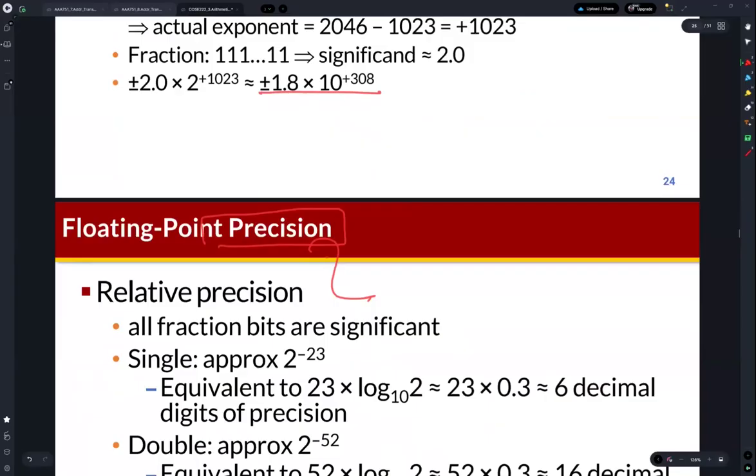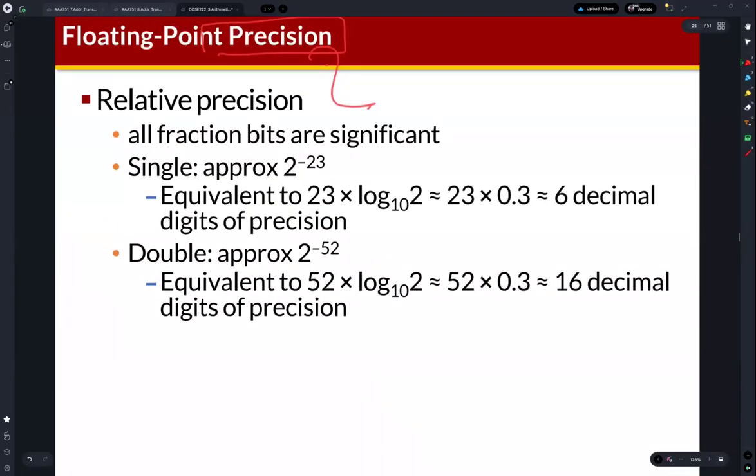So what is the precision? Precision means the smallest difference that can be represented by a number system, right? So for example, if we use decimal numbers, like 1.0000001, if this number of digits is fixed, then this is the smallest value that can be represented by the decimal number.